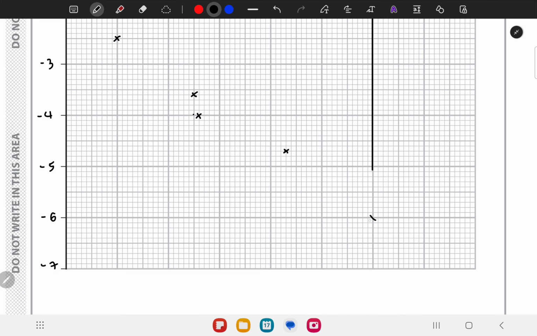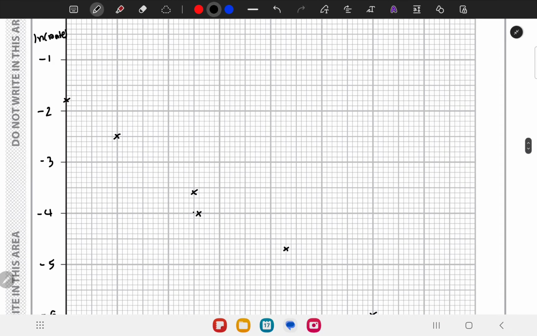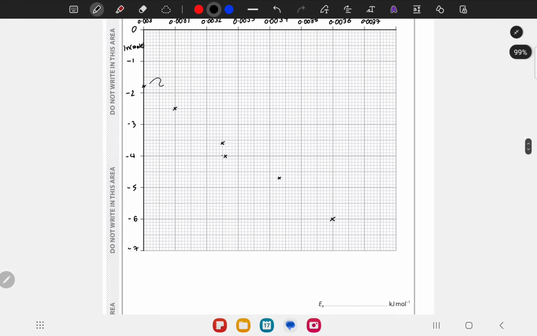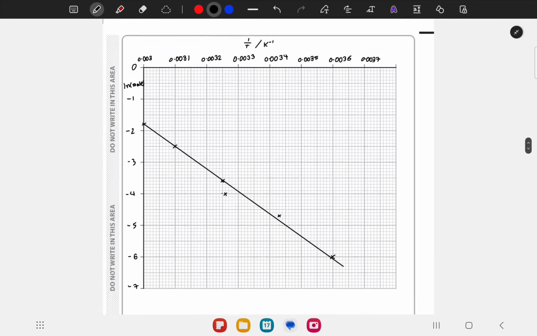Now if we look at this, this is our anomalous point. We'll ignore that and draw a line of best fit for the other ones. Something like that works. Now we'll find the gradient of this.